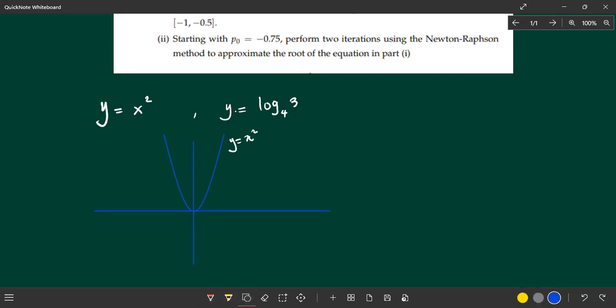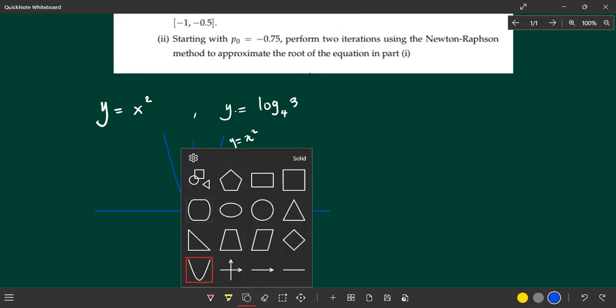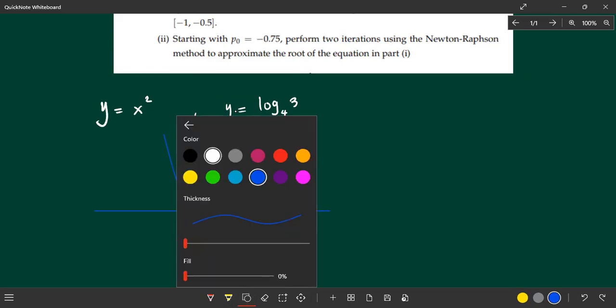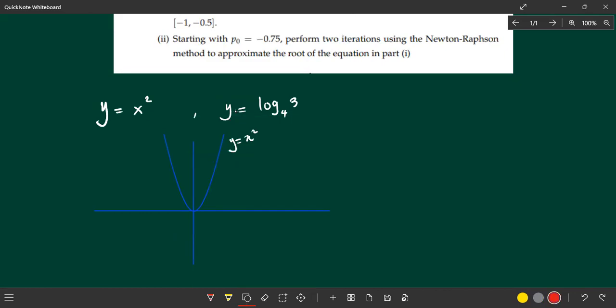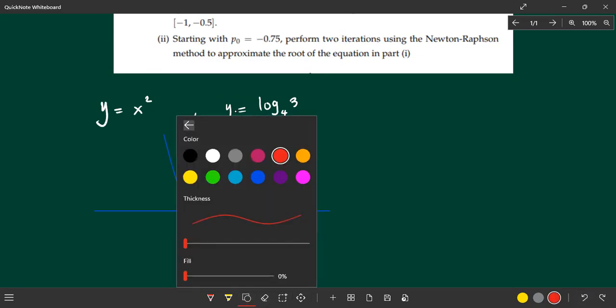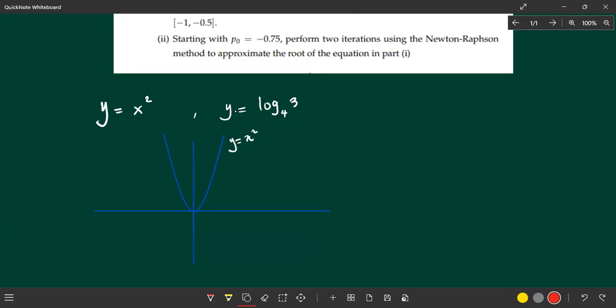So log base 4 of 3, if I put this in my calculator, this is 0.7925. Let me draw the line. Okay, let's say this is my 0.